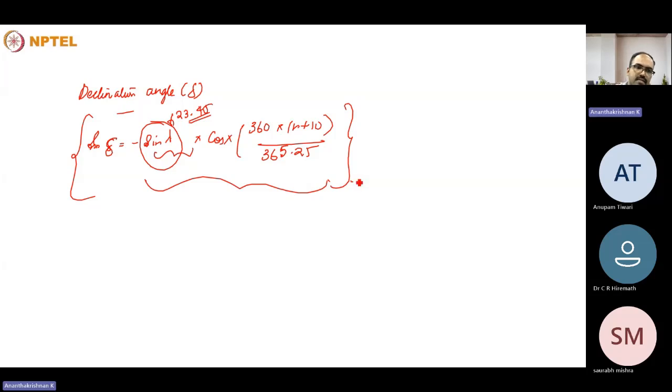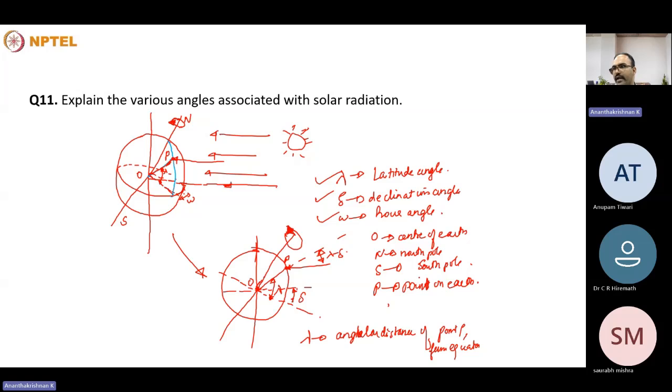and the third one is called hour angle. So hour angle is also a very straightforward quantity. It is the angle measured in the Earth's equatorial plane between the projection of this point OP along the equatorial plane and the projection of a line extending from the center of the sun to the center of the earth.